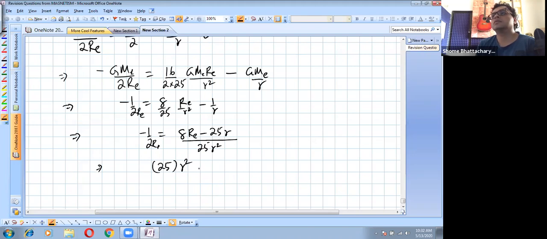So minus 50 plus 16 R square is equal to 0.